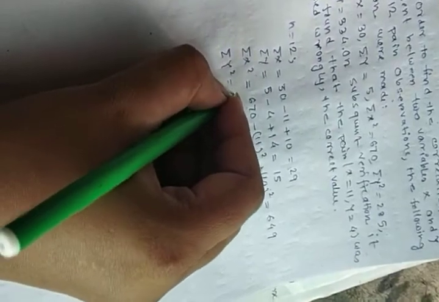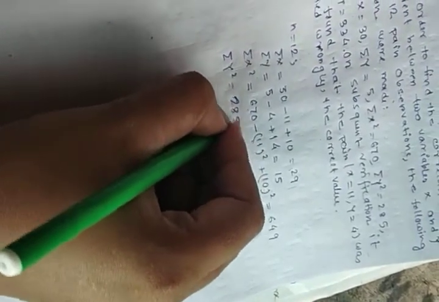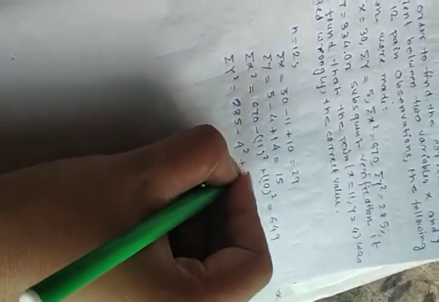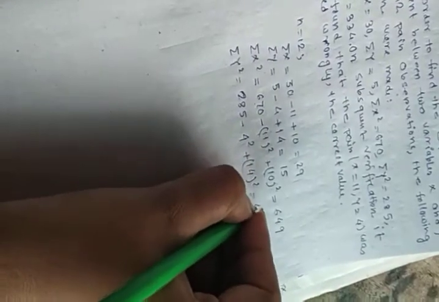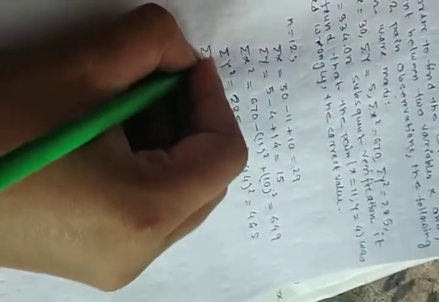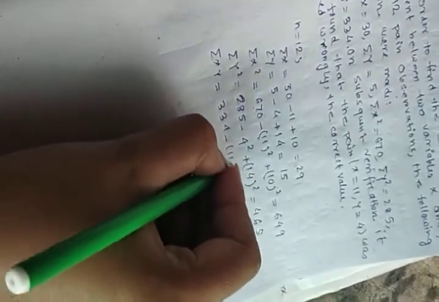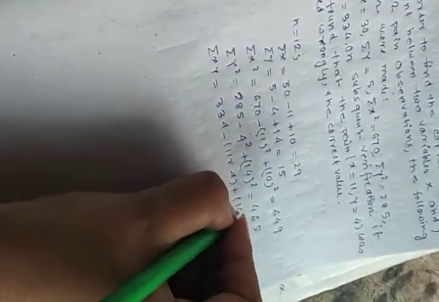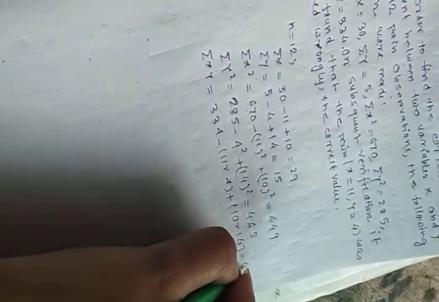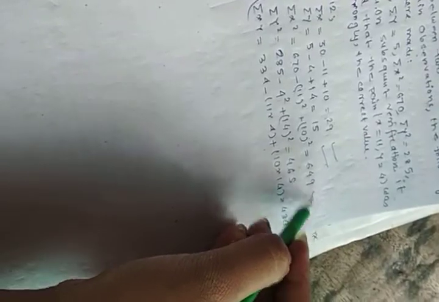Summation of y square is 285 minus 4 square plus 14 square, which equals 465, and summation of xy equals 334 minus 11 into 4 plus 10 into 14, which is 430.